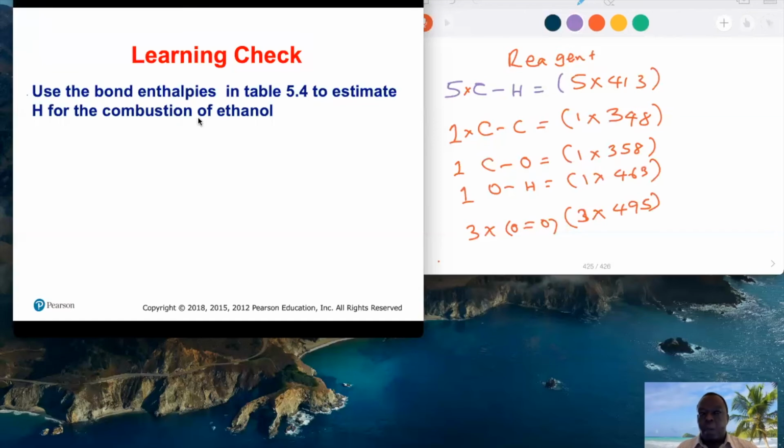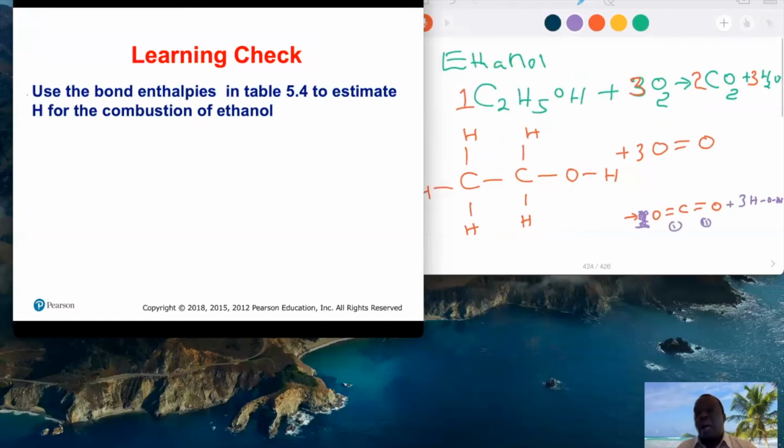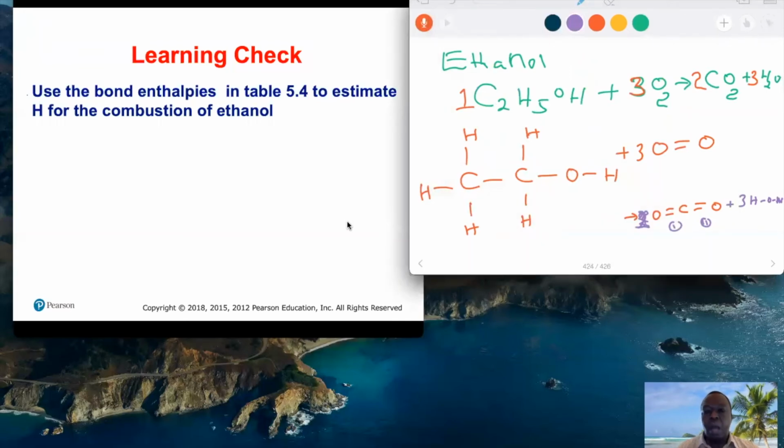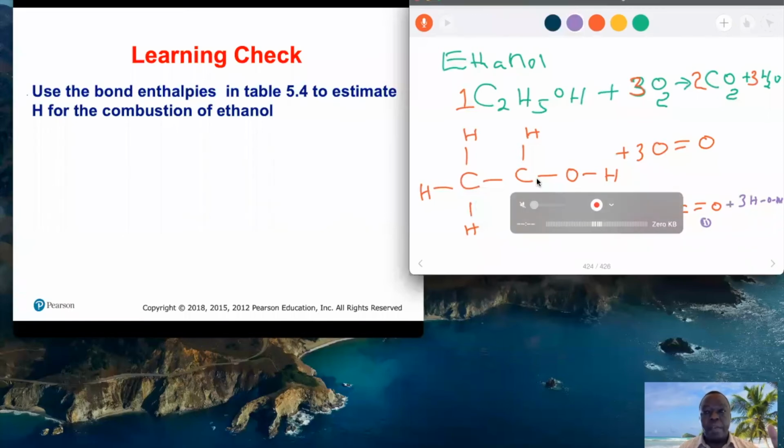This is an example of how I walk you through how to draw the structure. You may ask, how do I know in the exam what the structure looks like? Listen, I will give you equations similar to this.